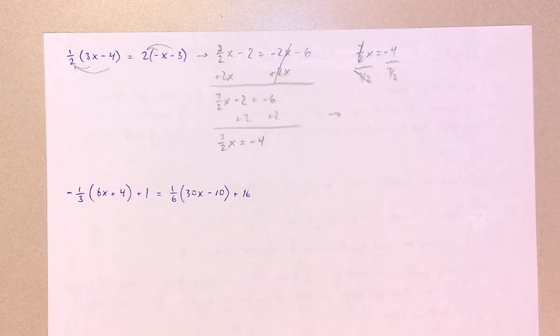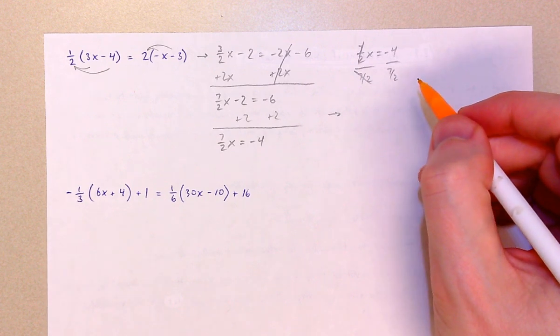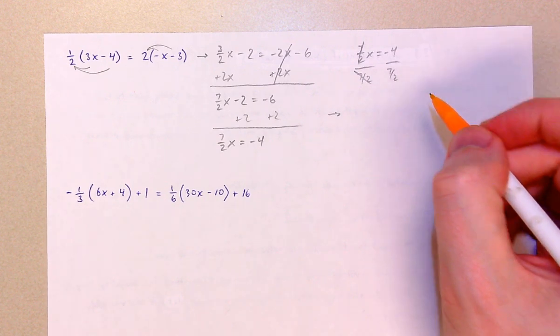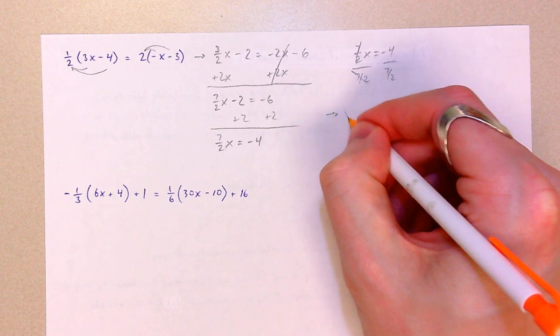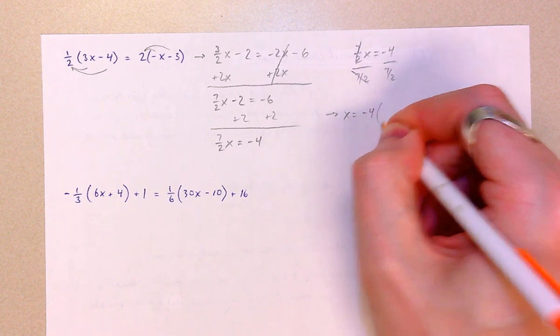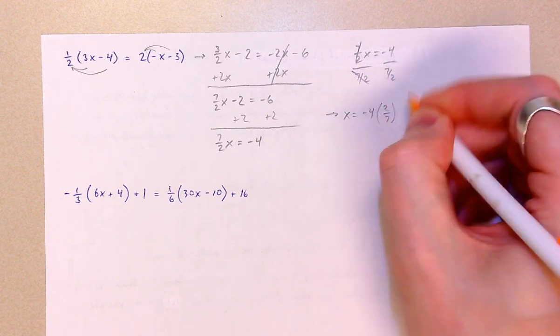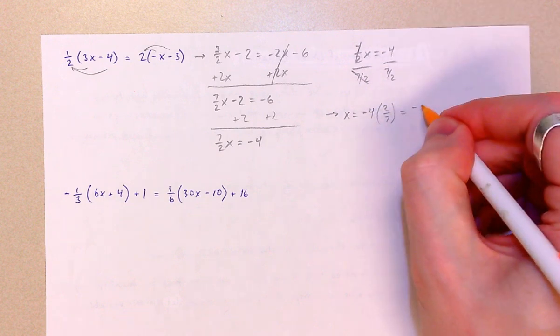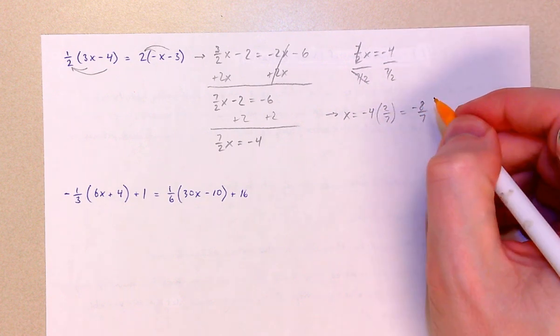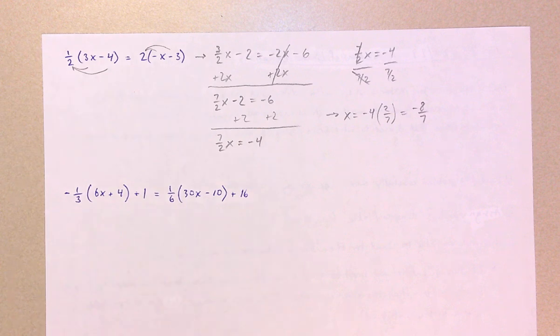These divide out to 1. And again, we're dividing by a fraction. That's the same thing as multiplying by the reciprocal. And that is going to give us negative 8 over 7.